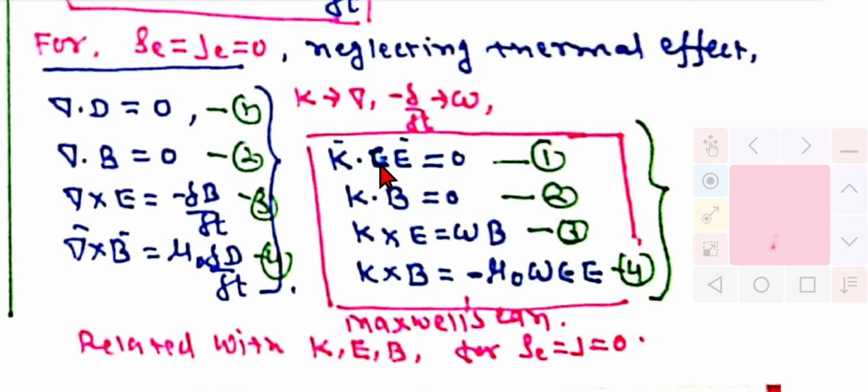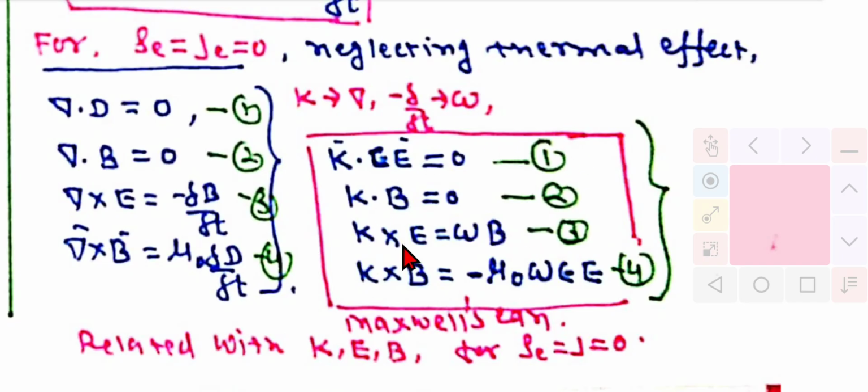So K dot epsilon E equals 0, K dot B equals 0, K cross E equals omega B. Again K cross B, instead of del we write K, and del by del T equals minus omega, with mu 0 there, and D equals epsilon E. So these are the 4 equations.